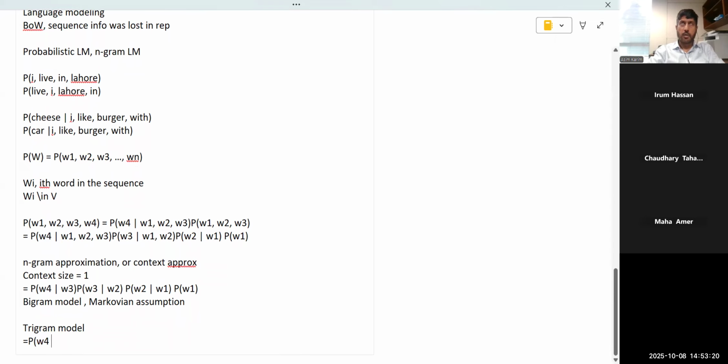Probability of W4 given W... let me first write this.